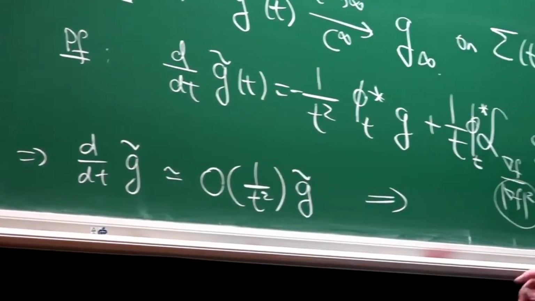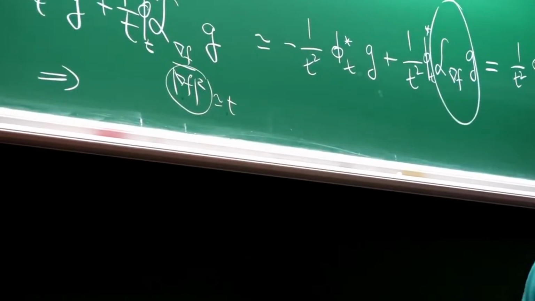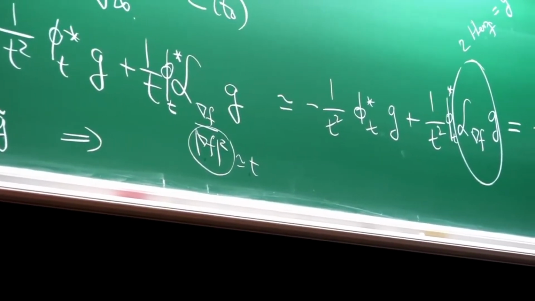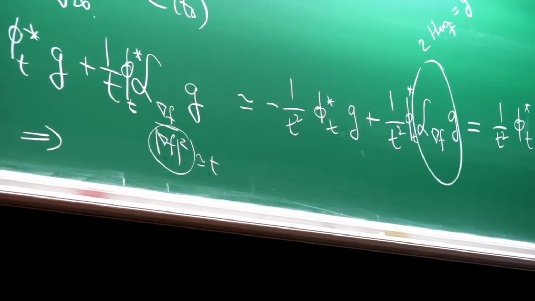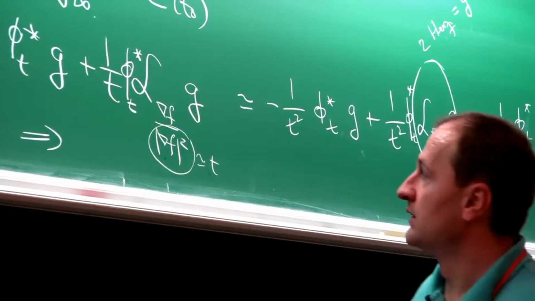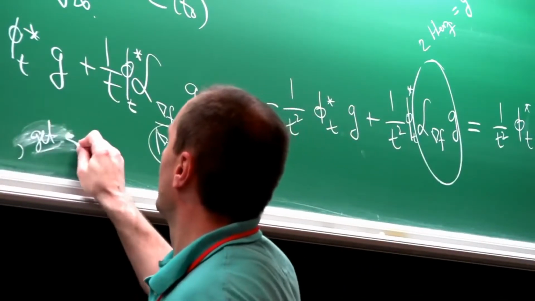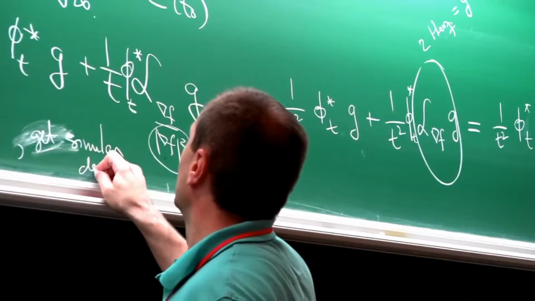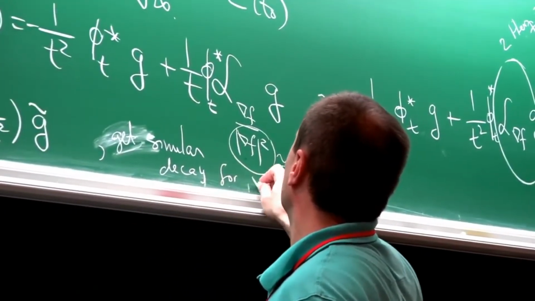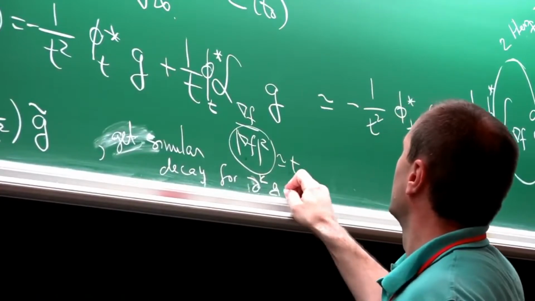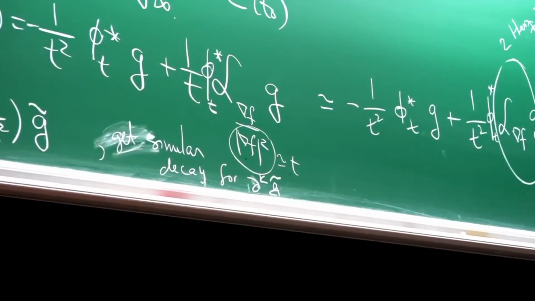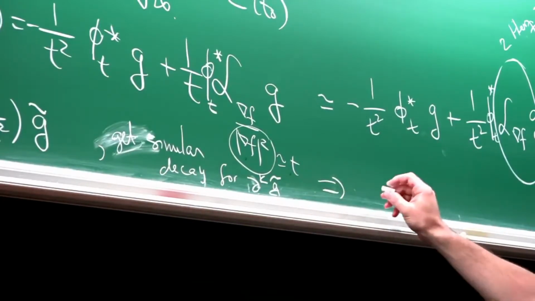So you can integrate, and it doesn't prove convergence yet. It just proves boundedness. But you have higher order derivatives. So you know the covariant derivatives, everything. So you can use the Shi estimate. You get similar decay for all the covariant derivatives. So you can get similar decay for all the derivatives of G. So that proves convergence by Arzelà-Ascoli.